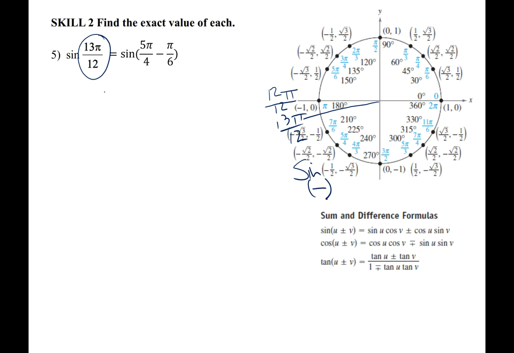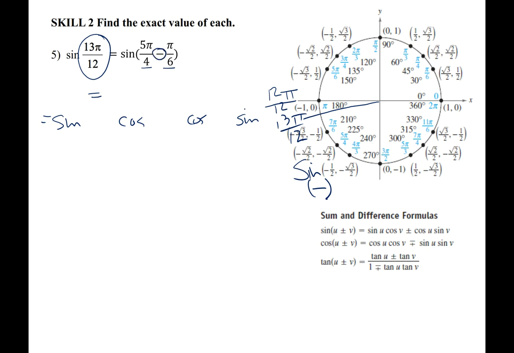All right, so I am going to do my sum and difference formulas because I've got a sine and I've got 2 angles inside the sine. So that pattern is, I'm going to put my equals here: sine, cosine, cosine, sine. For sine, we keep the operational symbol the same.